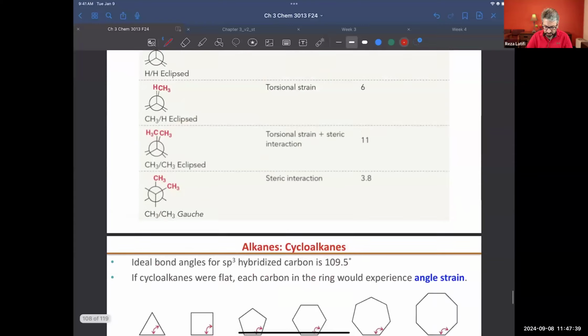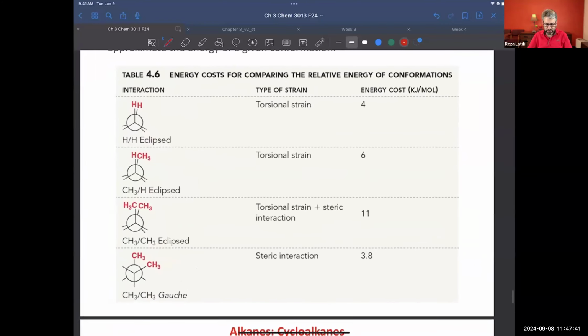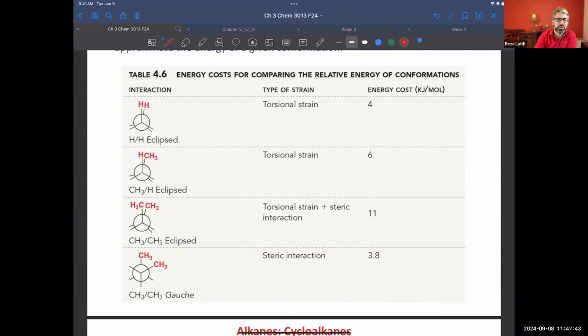Okay, so back to the strains that we talked about. Whenever you have two hydrogens facing each other, the system will be unstable by 4 kilojoule. And if you replace the hydrogen by a bulky group like methyl, it will go up by 6. If you have two methyls facing each other, it will go up by 11.